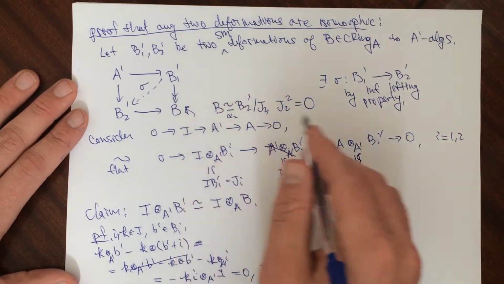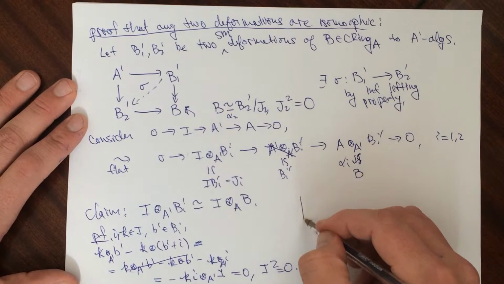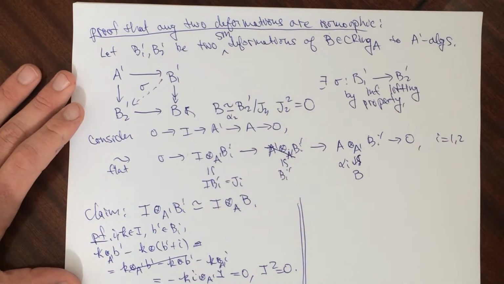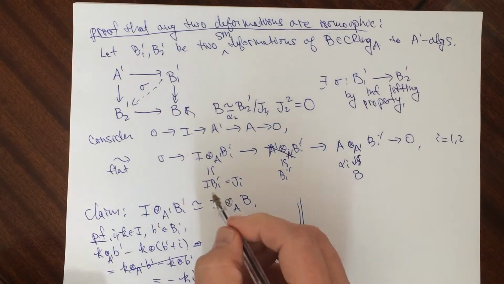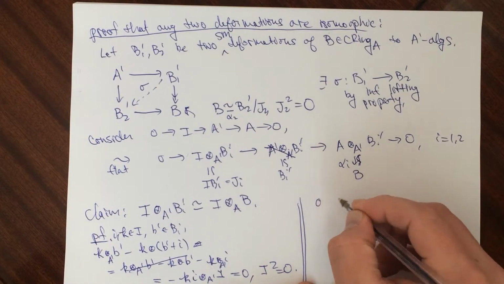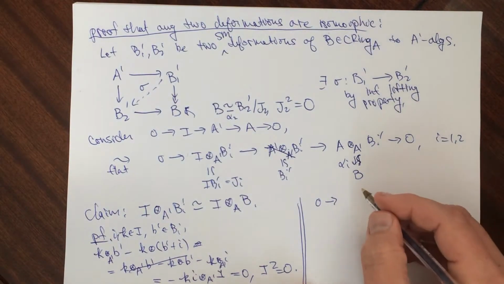Now I'm going to show that the two Bi's are isomorphic. So let's look at the two sequences.